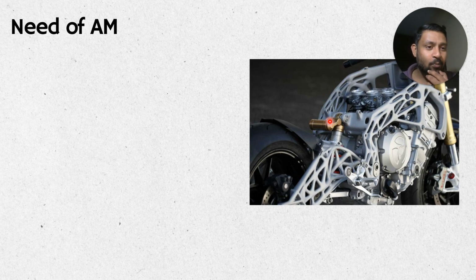We all know that BMW bikes are known for their high performance. And in automotive, performance to weight ratio is very important. They either need to increase the performance or they need to reduce the weight. A large weight of the vehicle is contributed by the chassis of the vehicle.